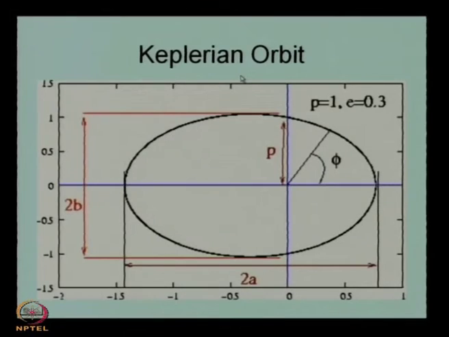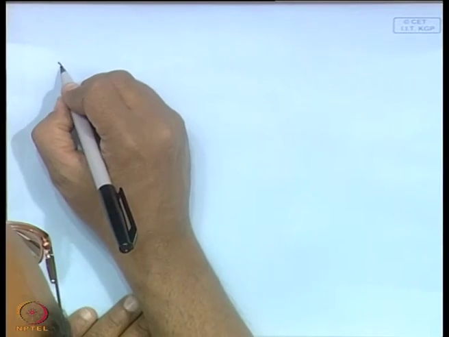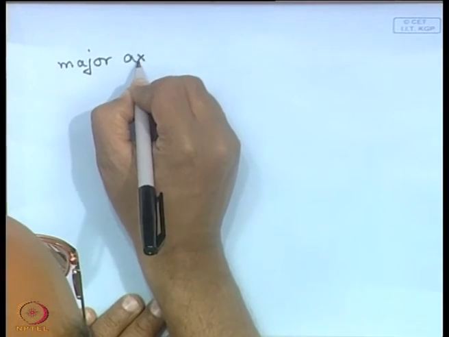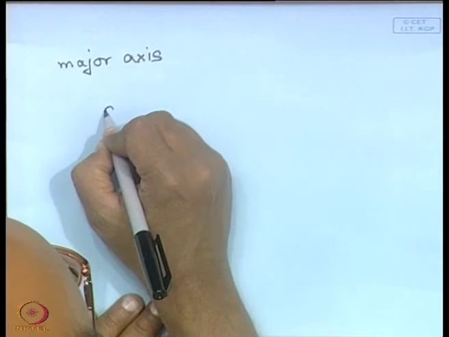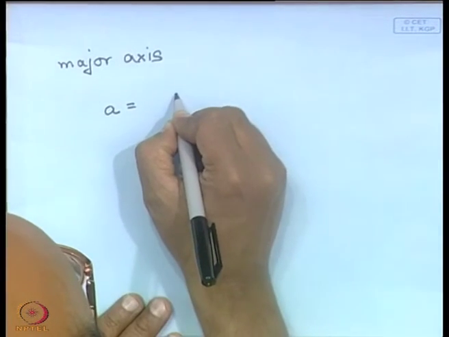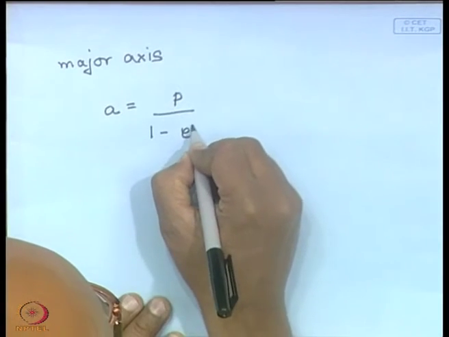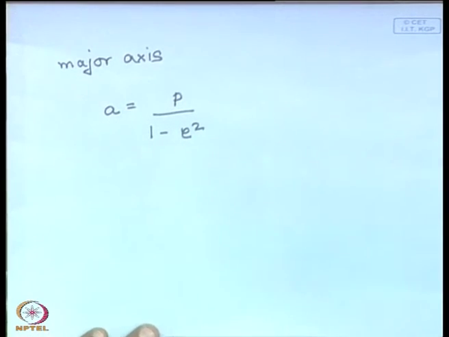Now, we know that the major axis is 2p by 1 minus e square. This is a straightforward calculation.